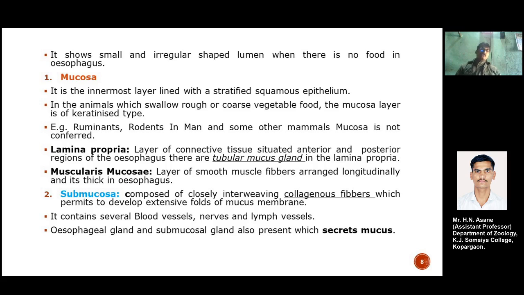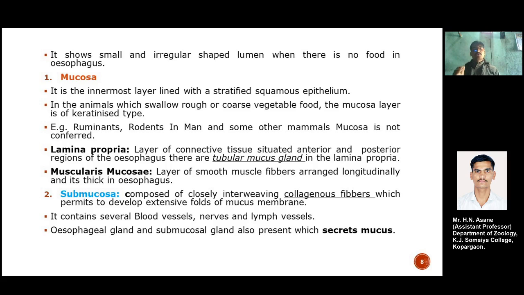The first layer in the mucosa is the lamina propria, a connective tissue layer situated at the anterior and posterior regions of the esophagus.